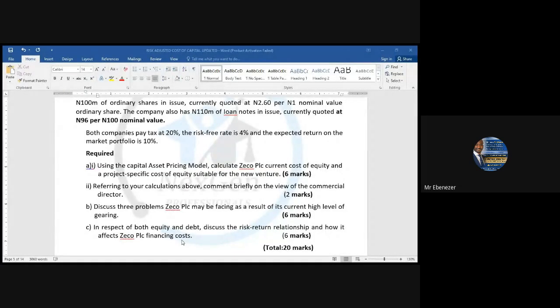When you adjust for risk, definitely some projects with a positive NPV may end up having a negative NPV. If you have a positive NPV using the normal cost of capital to discount, maybe 5%, when you use a project specific cost of capital it may give you 2%, and that 2% is actually better than having 5%.